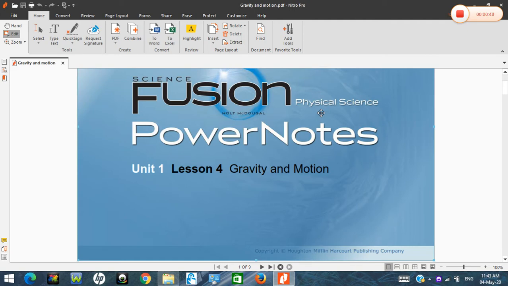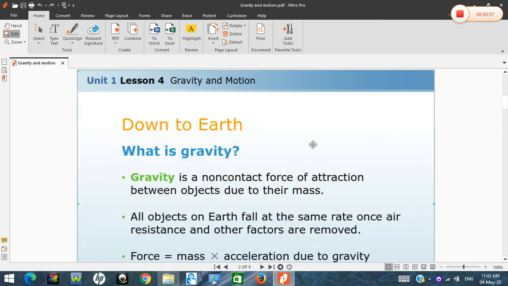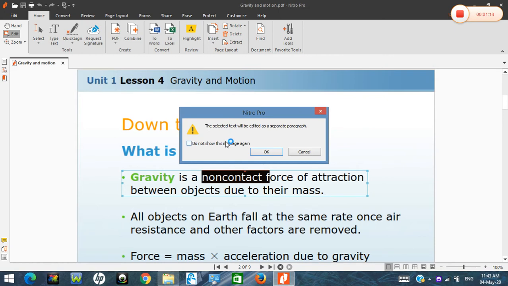In the previous session, we talked about gravity and types of force, and we said that we have two types of force. The first type is contact force, and the second type is non-contact force.